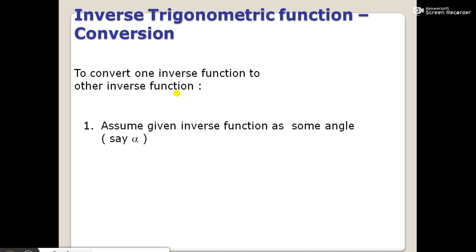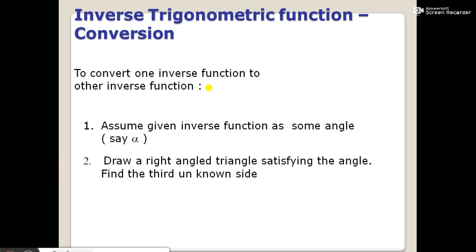The first step: assume the given inverse function as some angle, say alpha. Second step: draw a right angle triangle satisfying the angle and find the third unknown side. That means if we are given tangent alpha is equal to 1 by 2, then draw a right angle triangle.